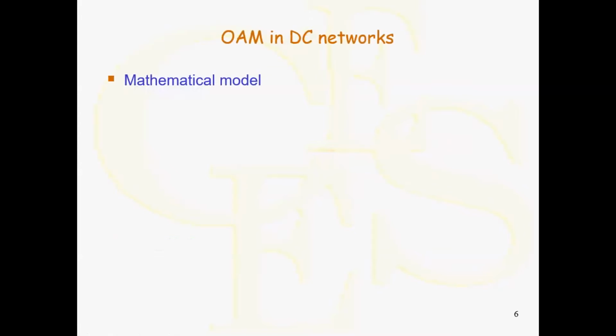So we choose to explore the OAM problem in DC network as a first step because the formulation in DC networks takes simpler formulation. So the mathematical model is given below.